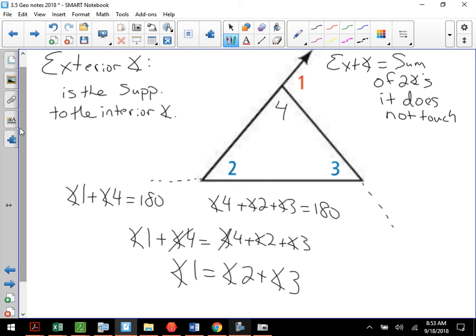You agree on that? And then all three of the interior angles add to 180, so there are two separate things. If it doesn't ask you to find angle 4, you don't have to.